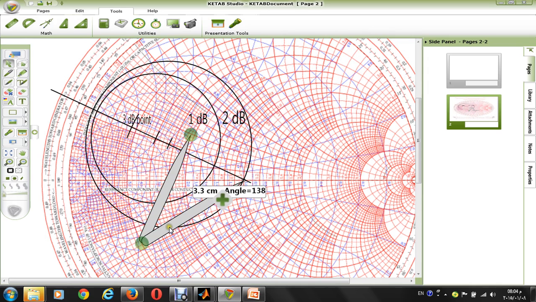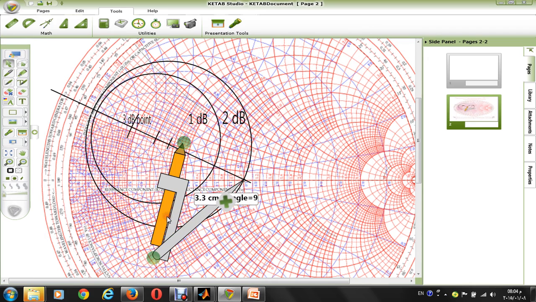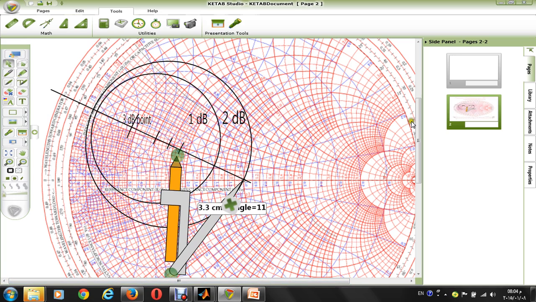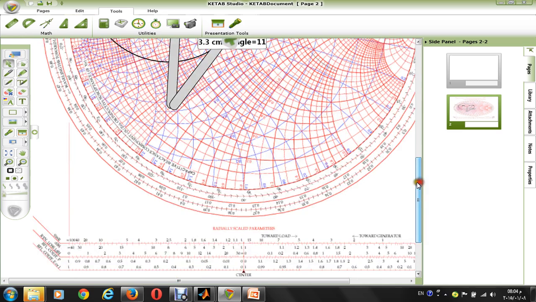It's not at the origin. Put it well, okay, and then here I need the pencil. Now I go back to the reflection coefficient scale.